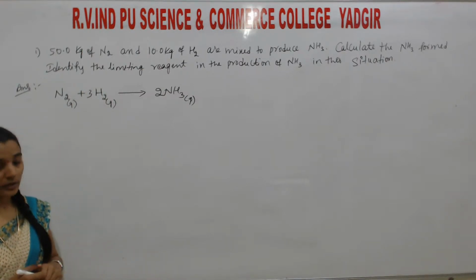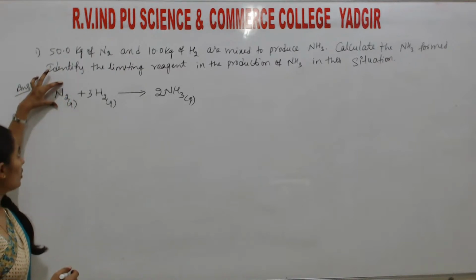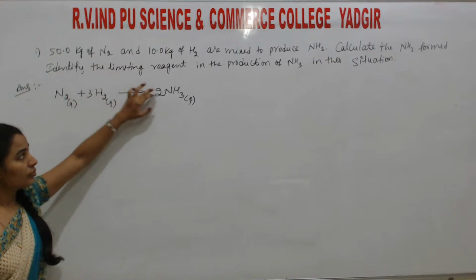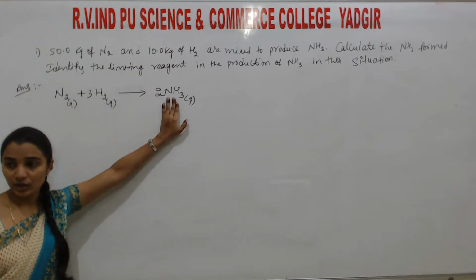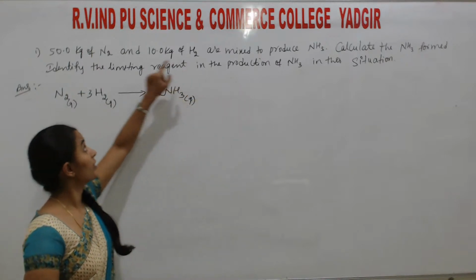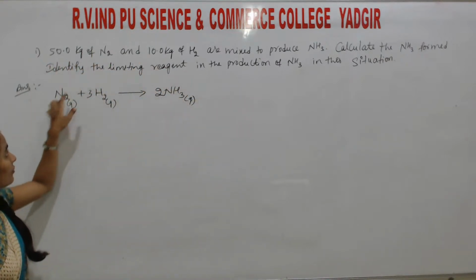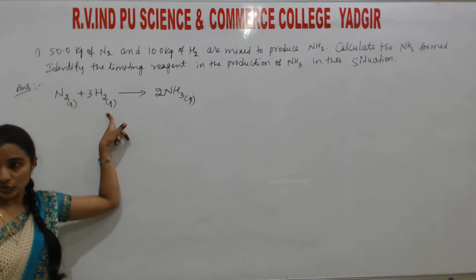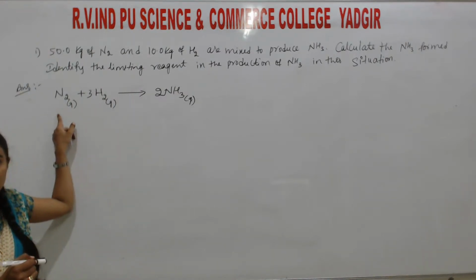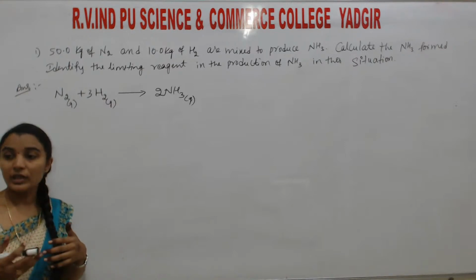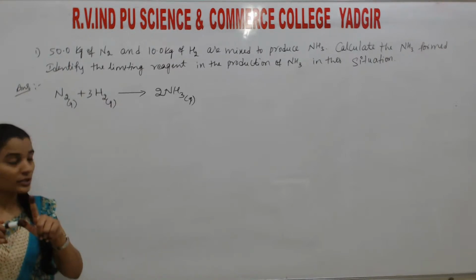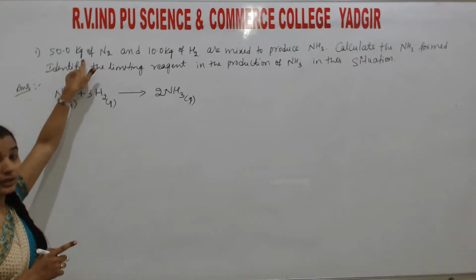Here, listen, 1 mole of N2 requires 3 moles of H2 to form 2 moles of NH3. The question is, how much NH3 is produced by reacting 50 kg of N2 and 10 kg of H2? Given the weights, we can easily calculate the number of moles. These are given in kg.